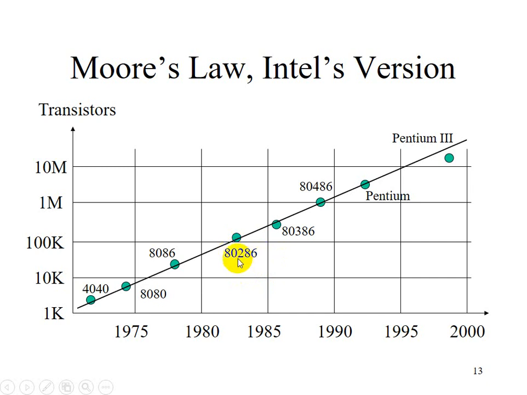Then you got Pentium 1, Pentium 2, Pentium 3, and this shows the number of transistors included in the CPU. It shows almost a linear trend, called Moore's law. So you can basically predict how many years later how many transistors will be included in a single chip.